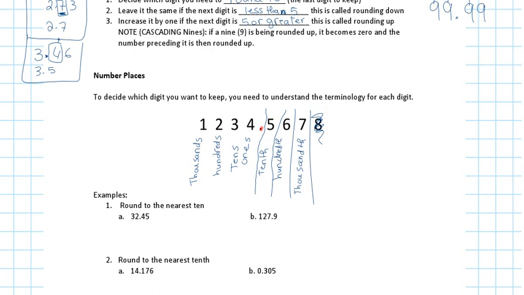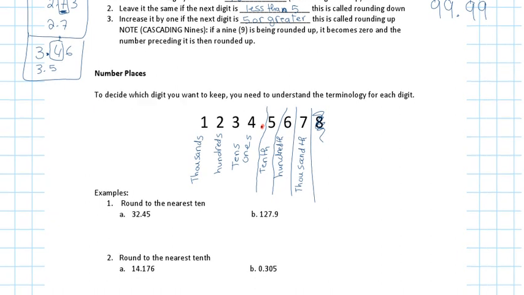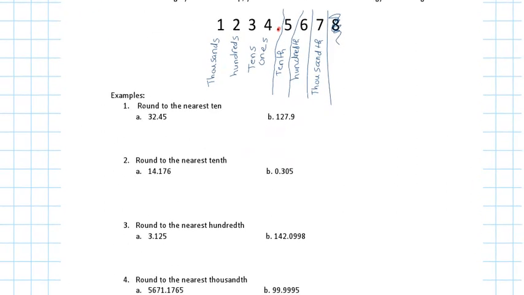So, first question. It's asking to round to the nearest 10. So you have 32.45. Which number represents the 10 digit? 3. So I have to look at the number that comes after the 3. In this case, I have a 2. So what do I round this to? 30.